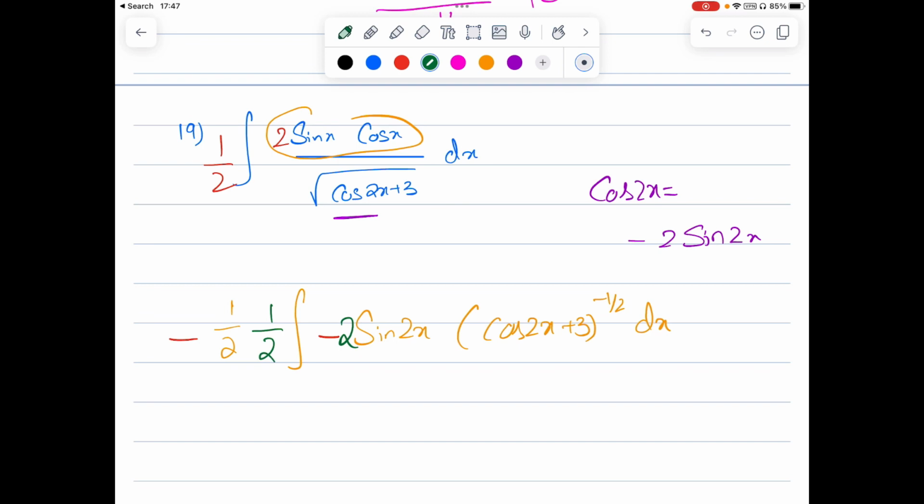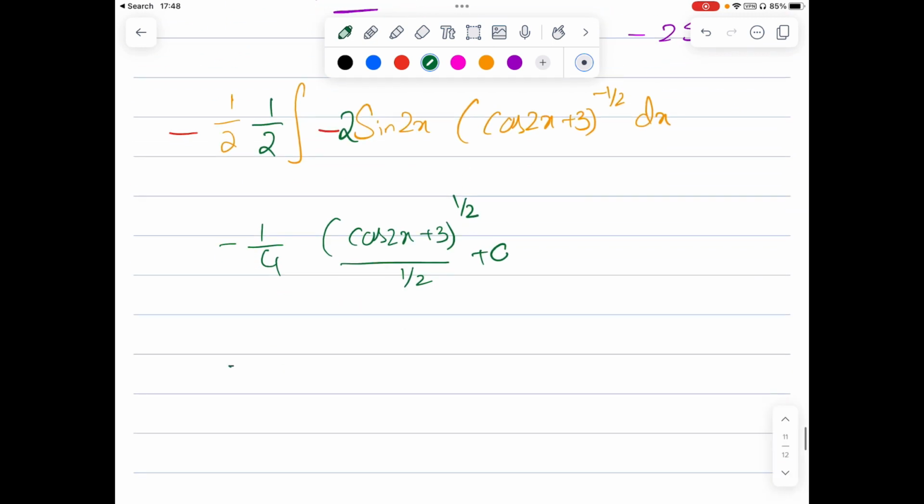So the first multiplying and dividing by 2 is for converting 2 sin x cos x into sin 2x. The next one is because cos 2x derivative is negative 2 sin 2x. So what does it become? Negative 1 upon 4 cos 2x plus 3 whole power negative 1 upon 2 plus 1 is positive 1 upon 2, divided by 1 upon 2, plus c.